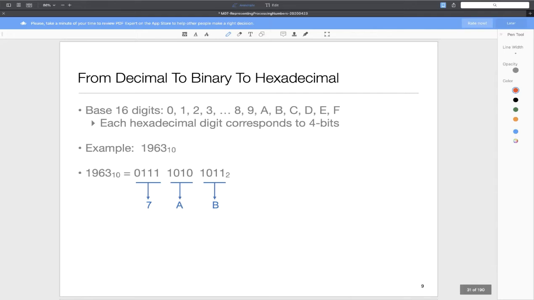This way I can deal with something more compact to write in our human communications. But remember, deep down, a computer only has bits. That's the fundamental operation. It's just that a group is something we interpret as, in this case, 1011 as B and 1010 as A, and so on.